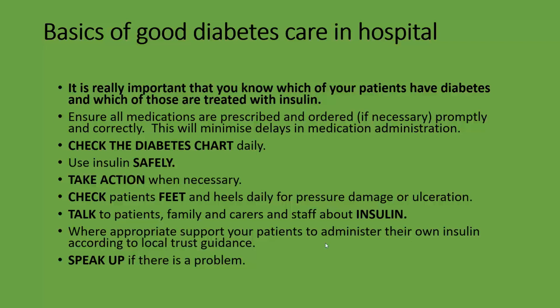So the patient would know better than the letters, as the system may not be updated. So be very careful with that. Where appropriate, support your patients to administer their own insulin, but be very careful. We shouldn't be double dosing the patient, and speak up if there is a problem.